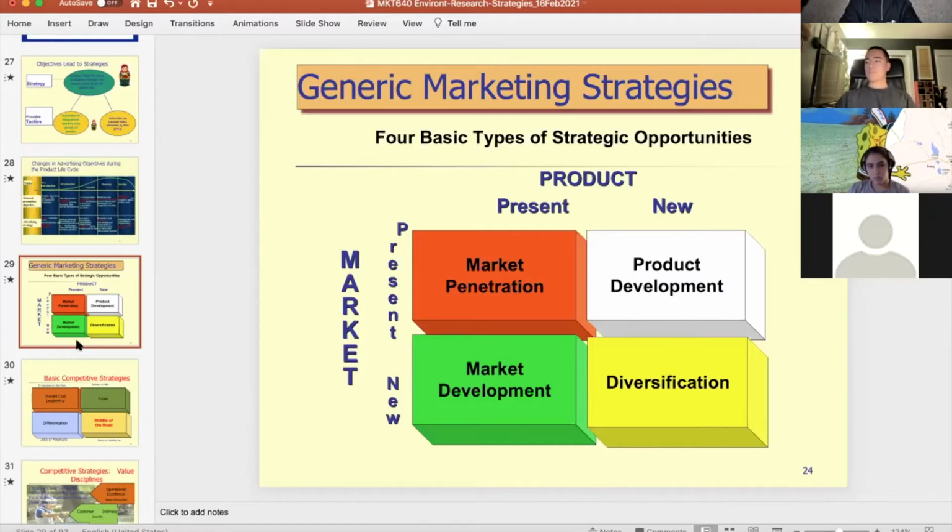So sometimes, in fact, I think most of the time, strategies are not just one. It's a combination. I mean, Coca-Cola is making Diet Coke. Diet Coke is not just a new product, but it's also for a new group of consumers.